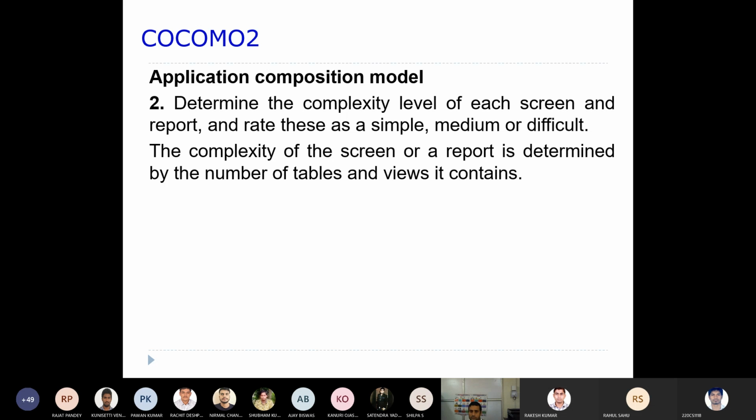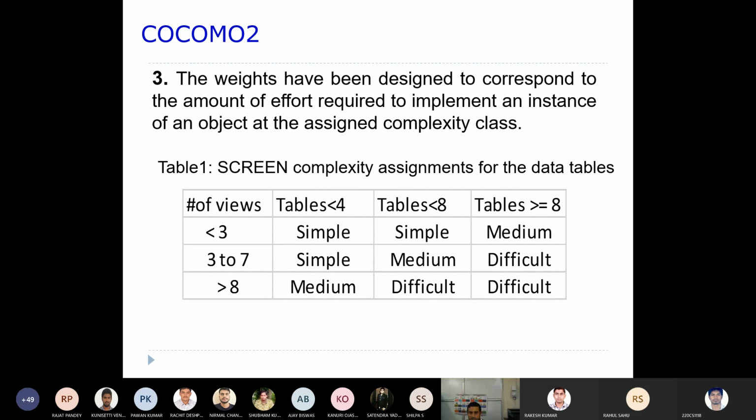Now you can simply see the screen complexity for the data tables.